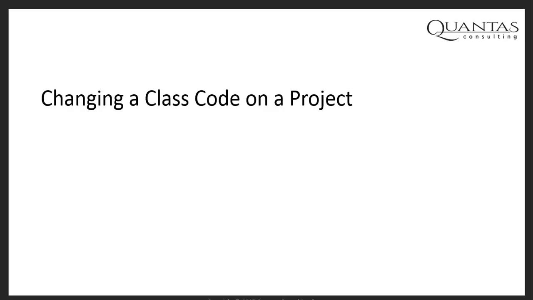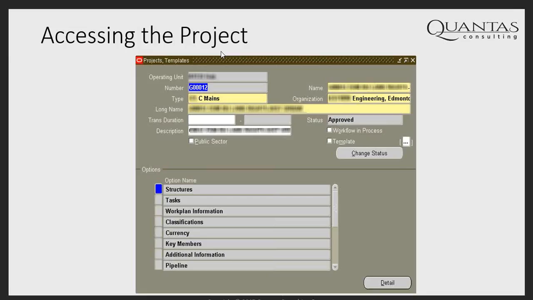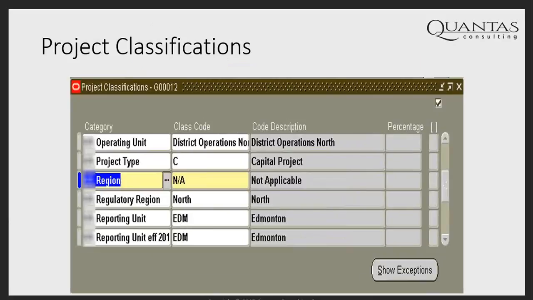So, changing a class code on a project. We access the project and the classification screen under the options. And when we open that up, we can see that there's a lot of different classifications in our example here.